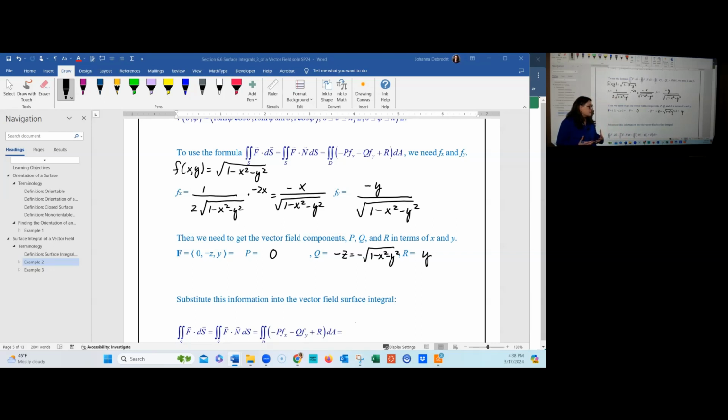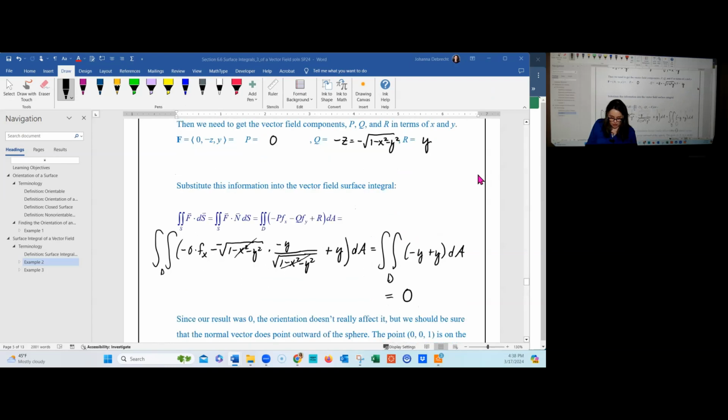The next thing I want to do is to put it into the formula to find the vector field surface integral, or the surface integral on the vector field. In this case, P was 0, so negative P times the partial of f with respect to x is going to drop out.